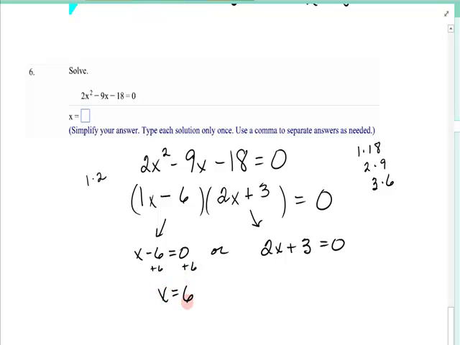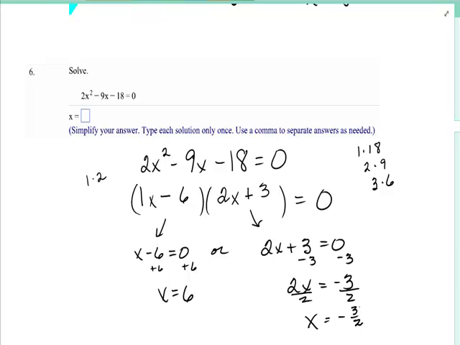X is 6. For the second one, subtract 3. So 2x is negative 3. Divide by 2. X is negative 3/2. Those are my two answers. Because one of them is a fraction, be a little bit careful as you enter them into MyMathLab.